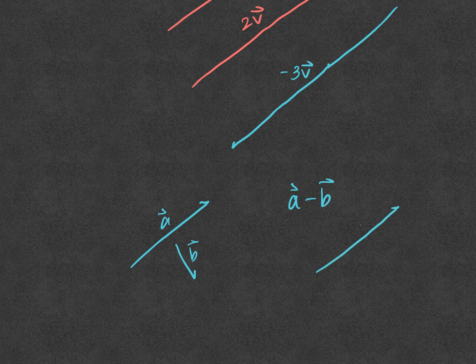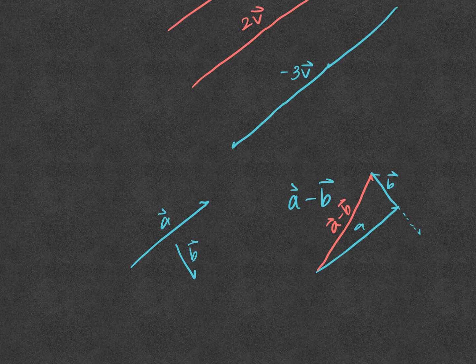So here's vector A. And then negative B means instead of going this way for B, we're going to go the opposite direction for B. So the resultant is from the tail of the first to the head of the second. So we have A minus B, and that's our resultant there. It can also be done using the parallelogram law, but I think it makes it harder.